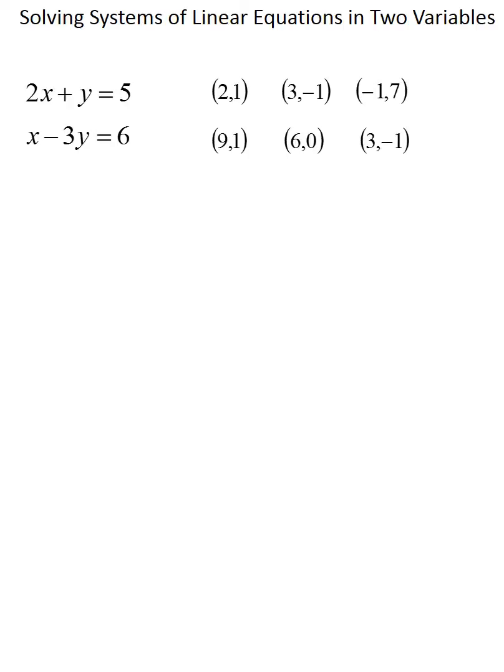It's two or more equations where the goal is to find one ordered pair that satisfies or works for both. And if you look here, we have stumbled across it. (3, -1) is an ordered pair that satisfies both of these equations, and therefore that is an answer and turns out to be the only answer to this system of equations.